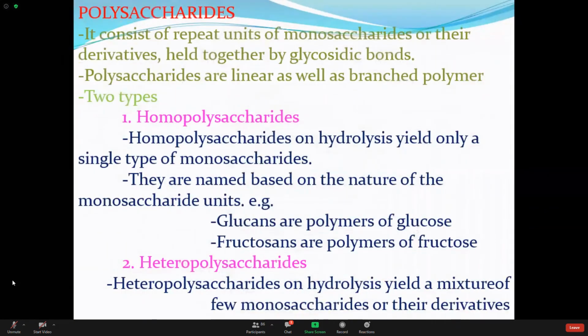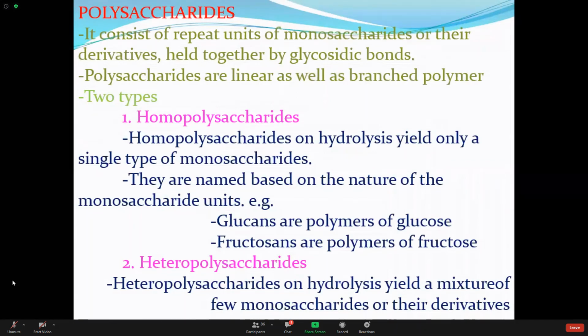Now come to the polysaccharide. As I told, there are 2 varieties, homopolysaccharide and heteropolysaccharide. Homopolysaccharide means, for example, glucan, a polymer of glucose. A lot of glucose units are joined together to make a molecule of glucan.